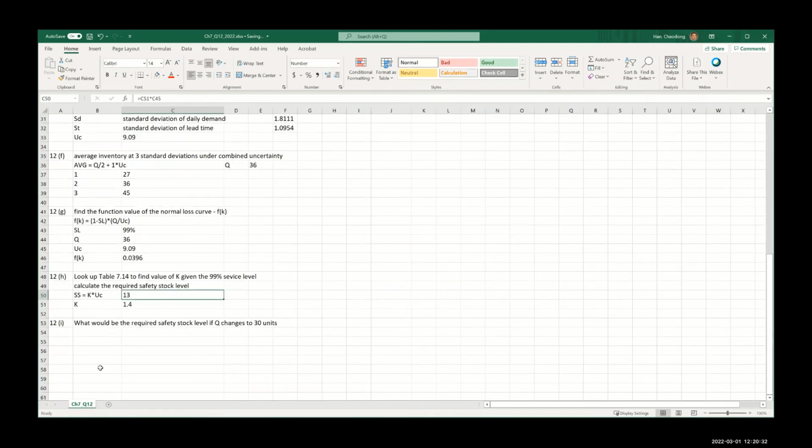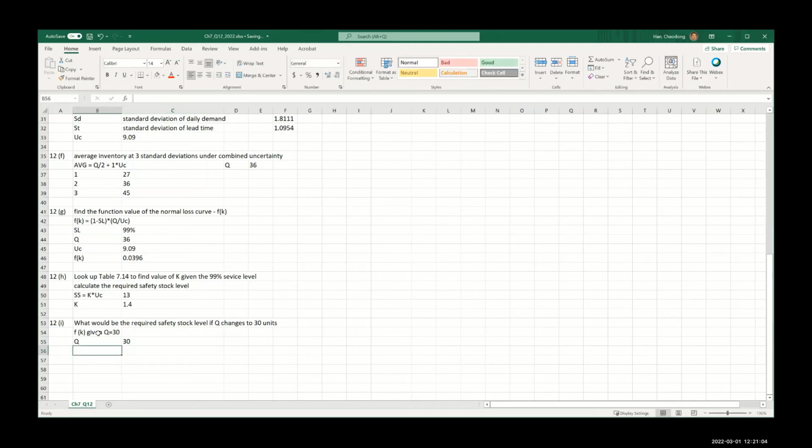Now question I, what would be the required safety stock level if Q changed to 30 units? All right, let's do this. Let's put all the input here. We need to find out FK given that Q equals 30.